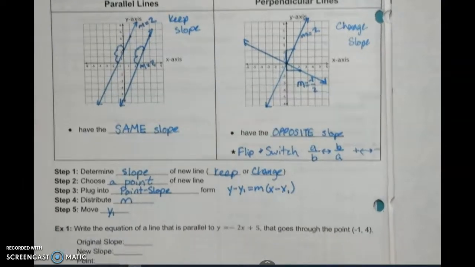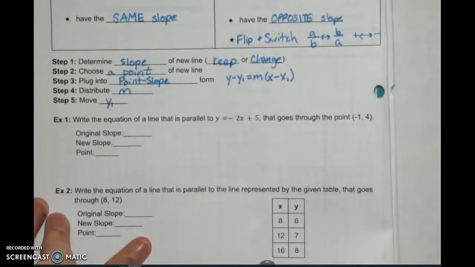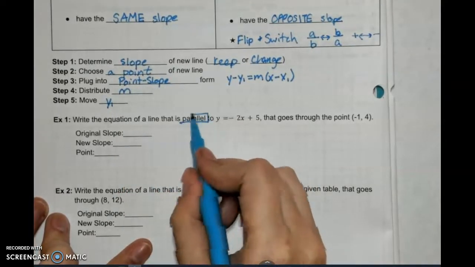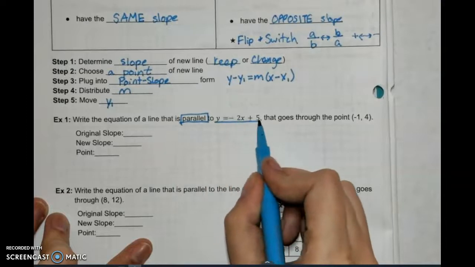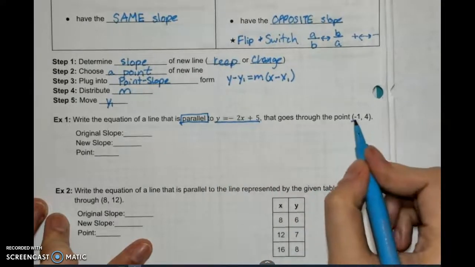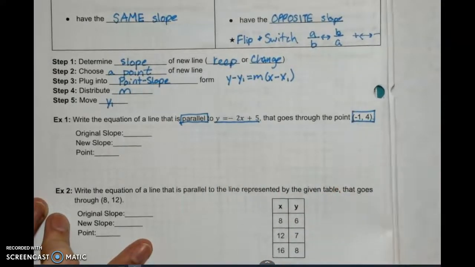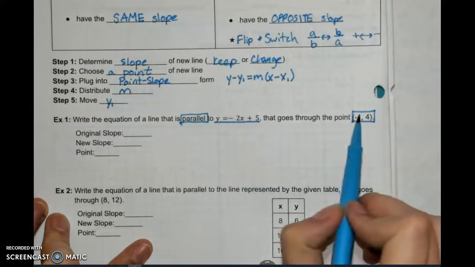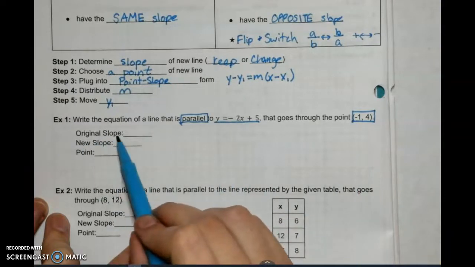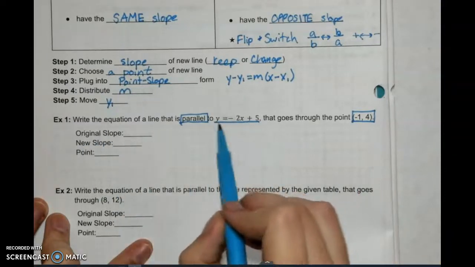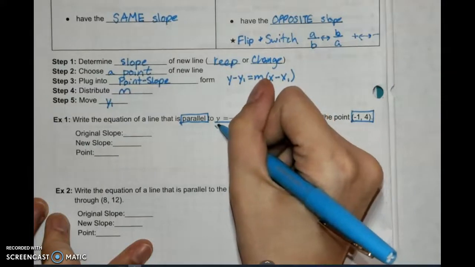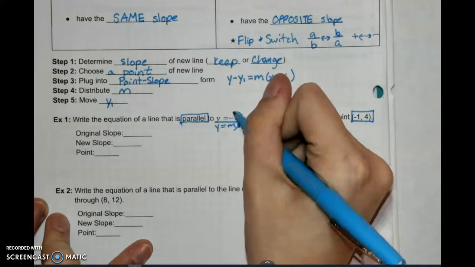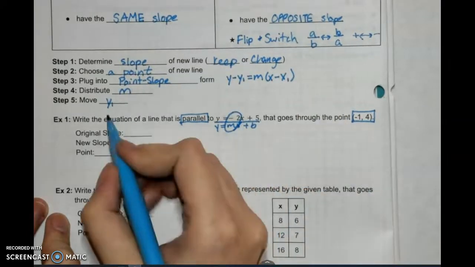So let's take a look at an example. We want to write the equation of a line that is parallel to y equals negative 2x plus 5 that goes through the point (negative 1, 4). So our keywords here are parallel, our equation, and our point. So our original slope can be found in this line. This is y equals mx plus b, and our m is our slope.